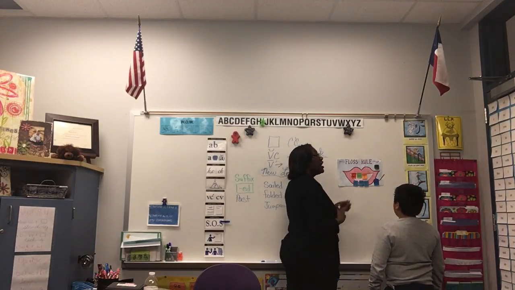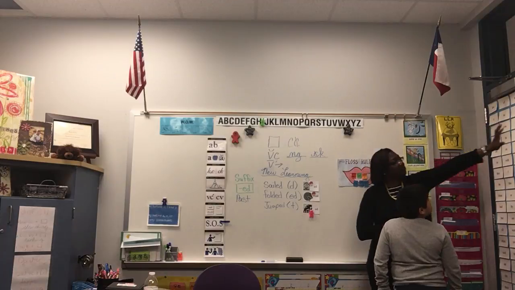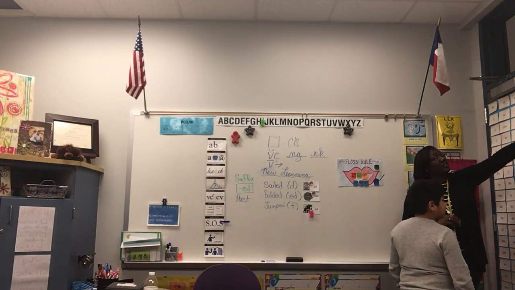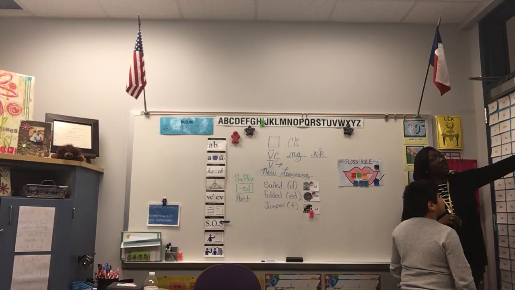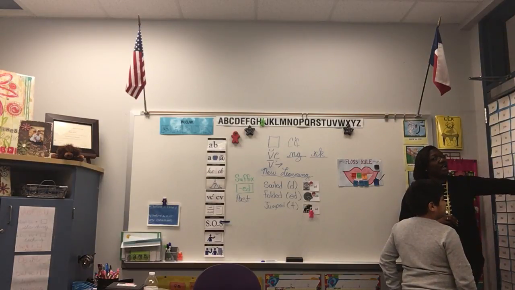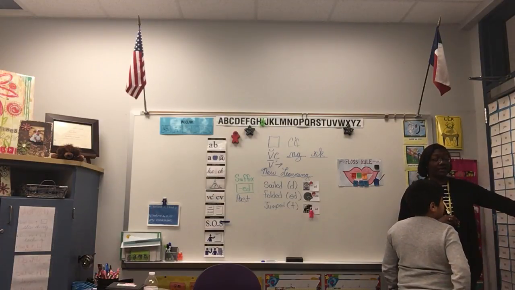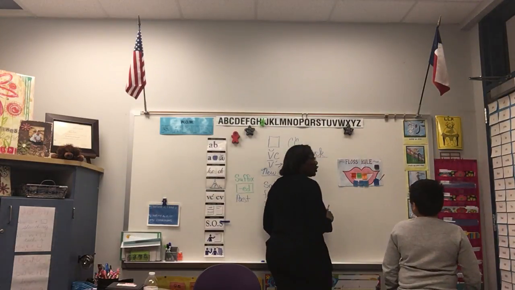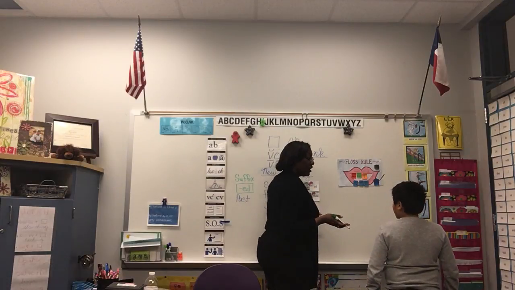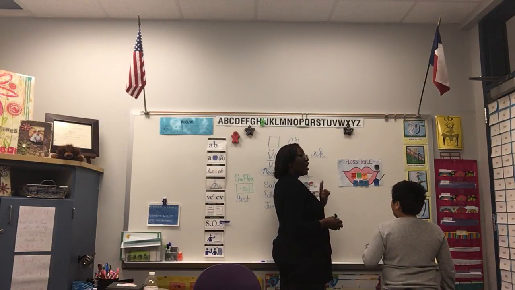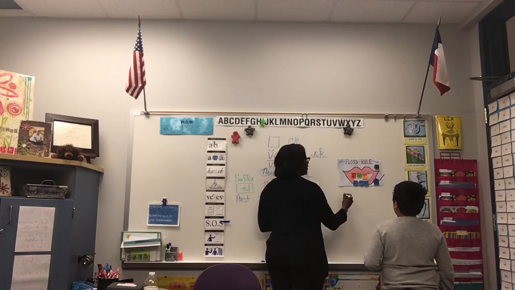Don't forget our spelling steps. You're going to listen, echo, repeat, and then unblend the words, write them, and then code and check. So if I say huff, you say huff, and we're going to unblend.